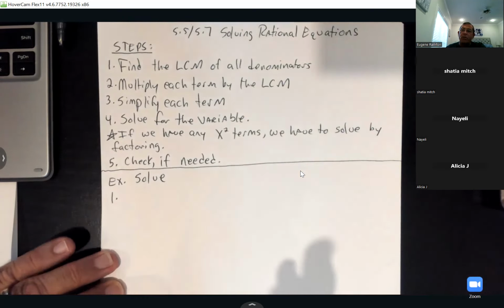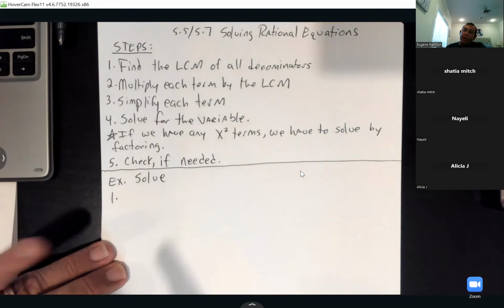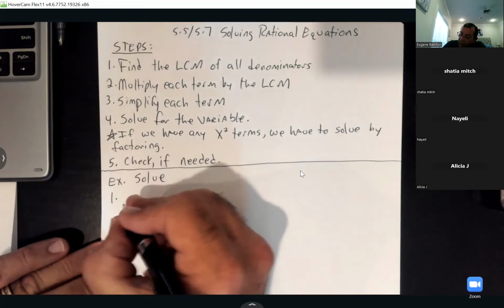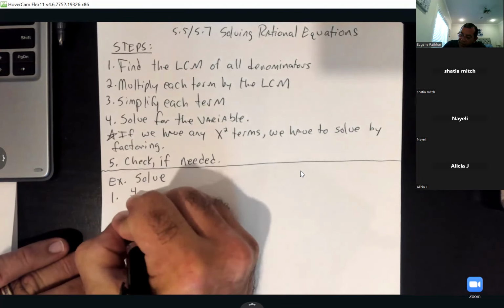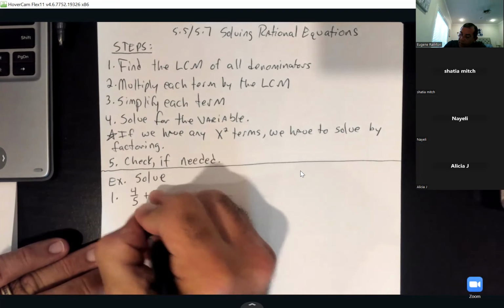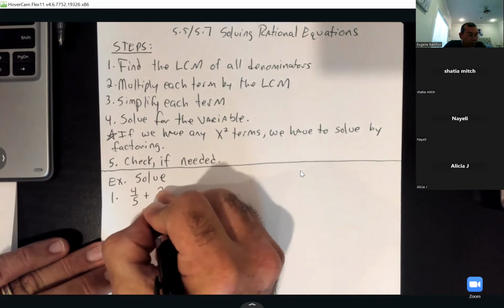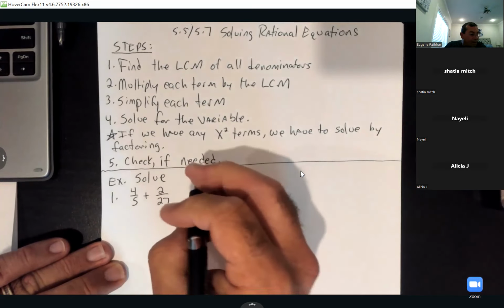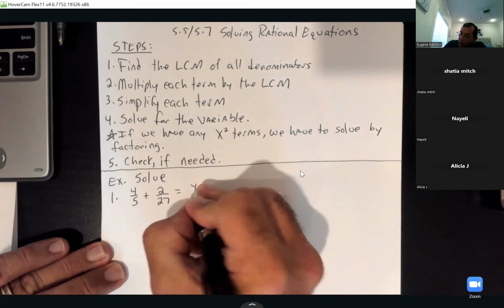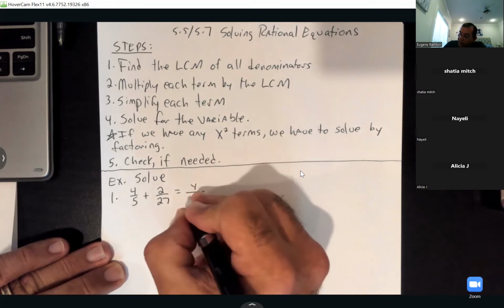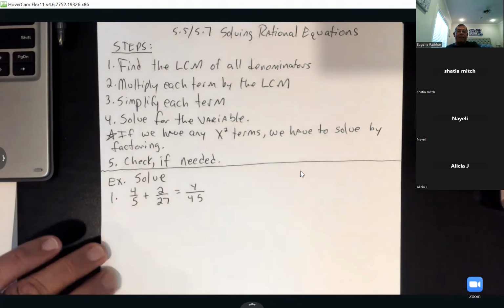So this first one is just going to be numbers. Now remember, numbers we could do on the calculator if we want to. So I've got 4/5 plus 2 over 27 is going to equal y over 45.